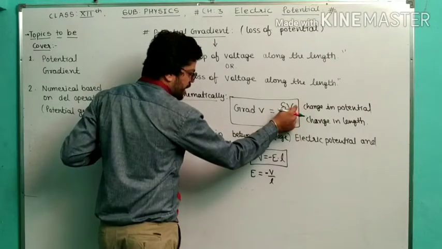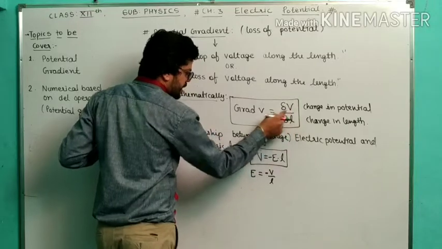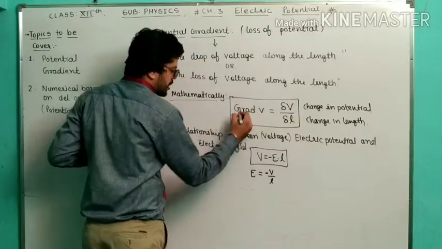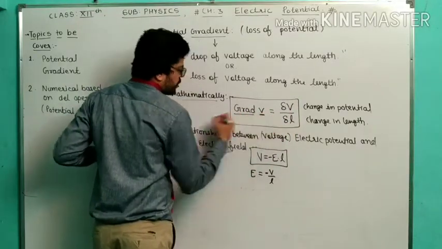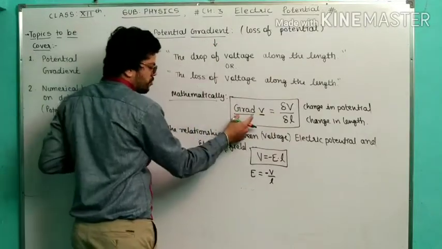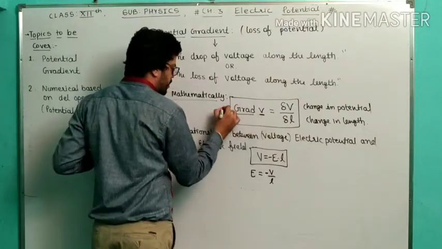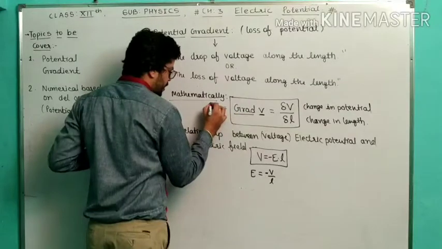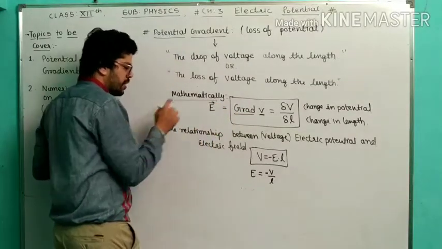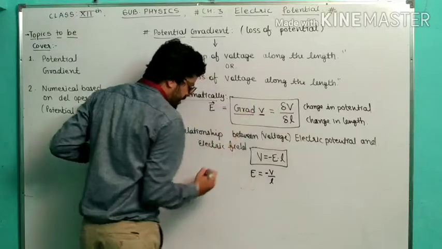So the ratio of the electric potential and the length is equal to grad V, meaning electric potential gradient is equal to grad V, and it is equal to electric field. The difference is only that we have to take the sign here.